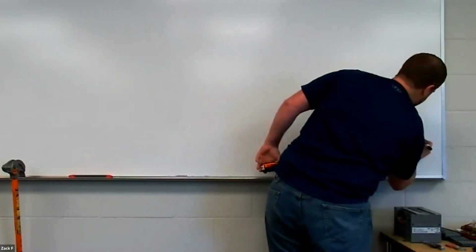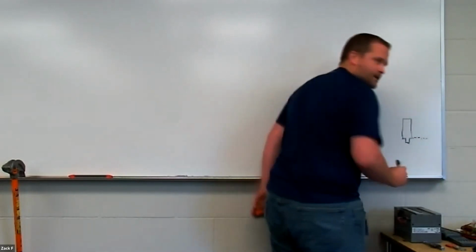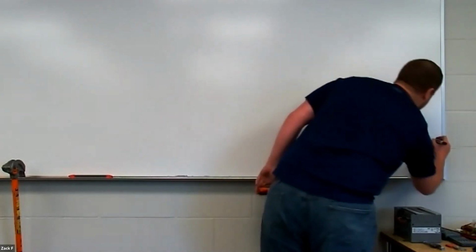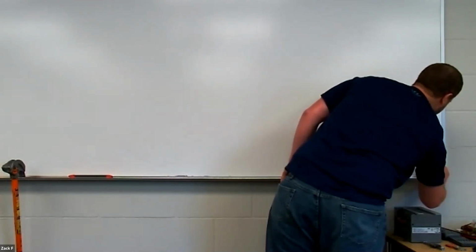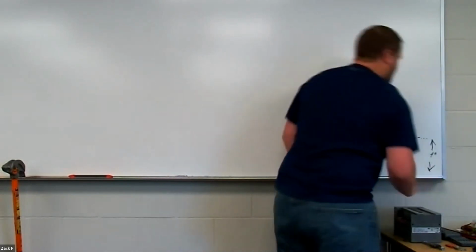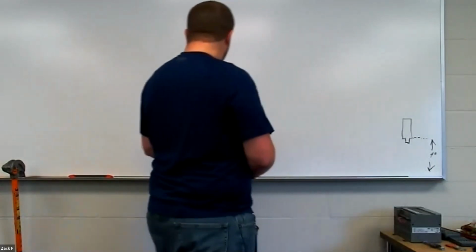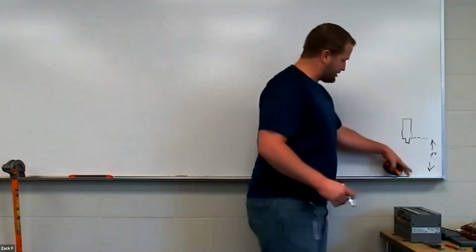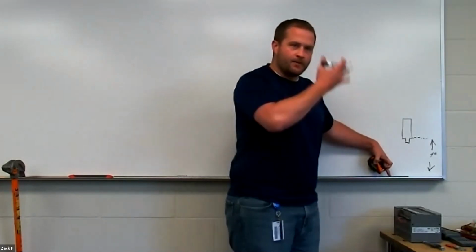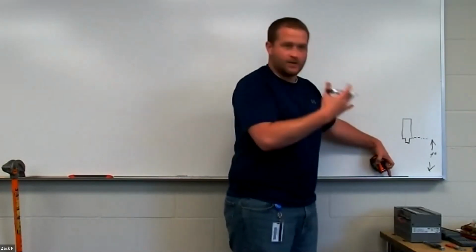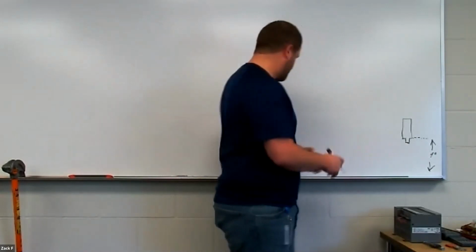But this is the measurement that I need to get to. You can all see that, right? Yep. So this is 9 inches from here to the ledge. So when I mark this 4 inches away from the end, the take up of the radius of the 90 is going to take up the other 5 inches.